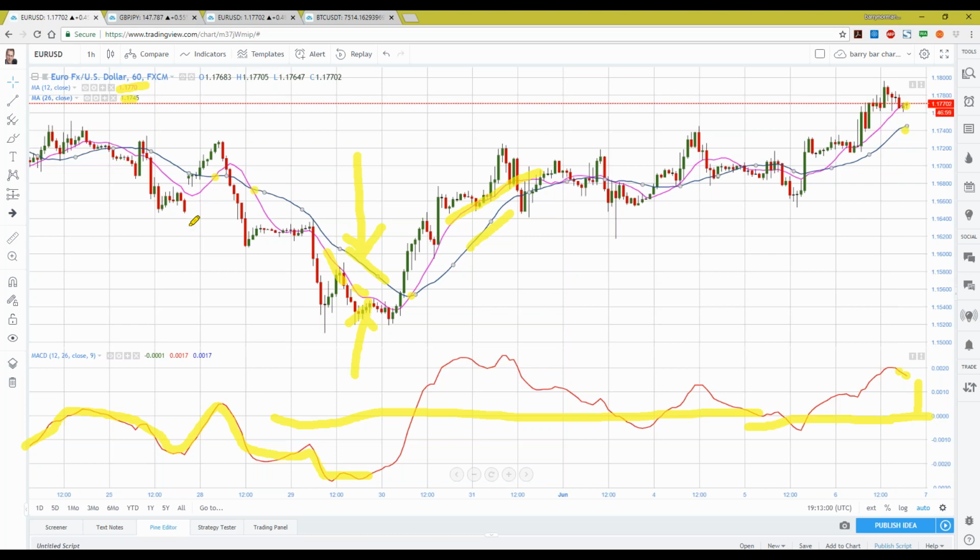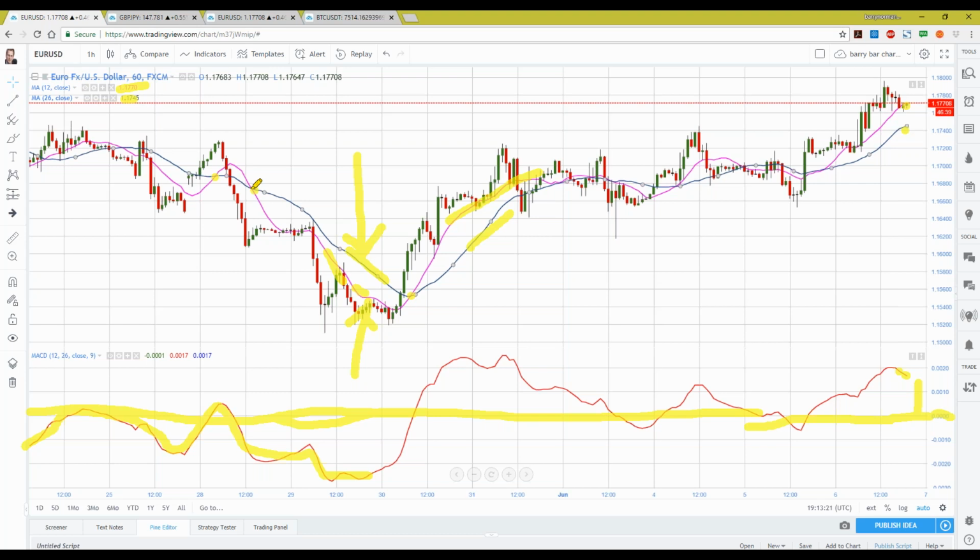It would always be zero. So whenever this red line crosses above or below this zero line, it's telling us that there's a crossover between the two moving averages. Because when they are equal, the difference is zero.